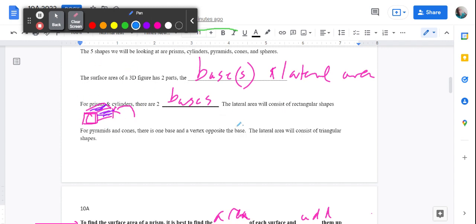Same thing if it's a cylinder, because a cylinder is basically a circle prism if you think of it like that. So we have a circle here, a circle there, and then everything in the middle is a rectangular shape.